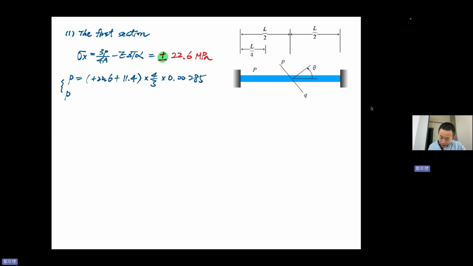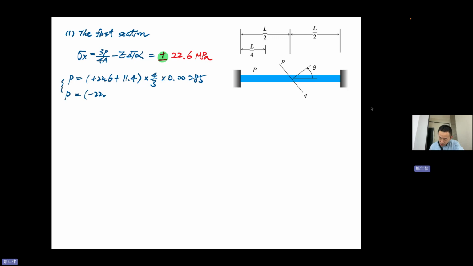Okay, so I believe 22.6 MPa, and this one goes to the right hand side. So this is positive E times delta T alpha, so it should be 11.4, and this one goes here times the area 0.00285. Okay, so this one definitely is that one. Sorry, at first glance I forgot what the value of this is.